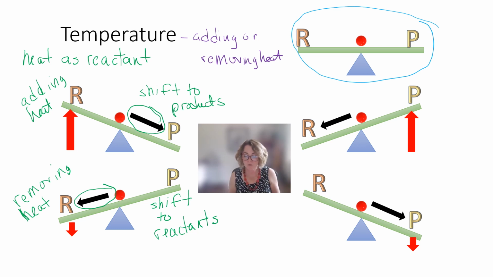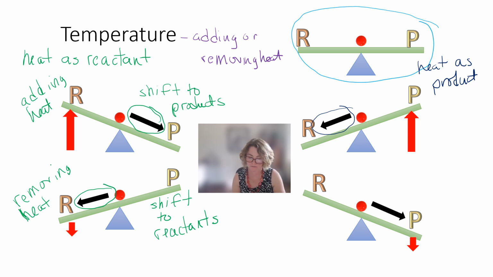Now, heat can also be a product. So here we're going to deal with heat as a product. So imagine heat is being released. If heat's a product and I'm adding heat, I'm causing that to shift towards the reactants.